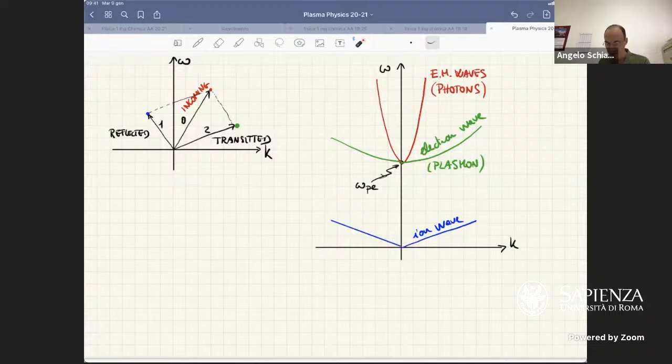So actually, what we see is just the asymptotic part of the dispersion relation, where the ion wave has a constant speed.